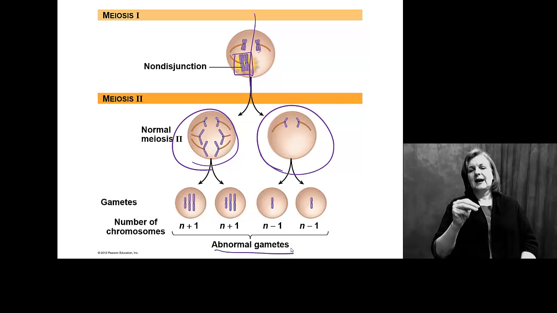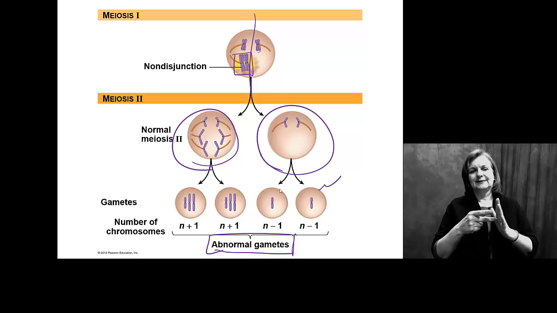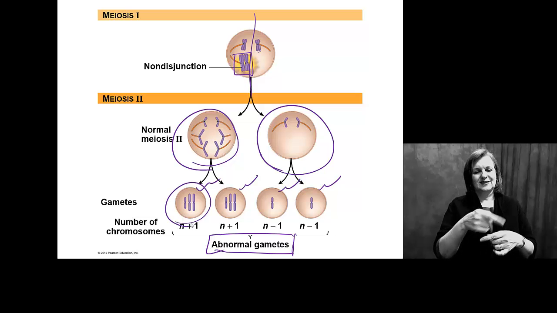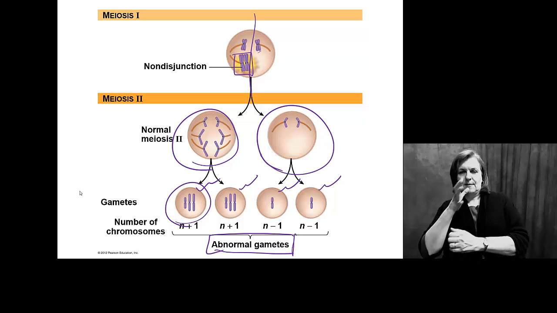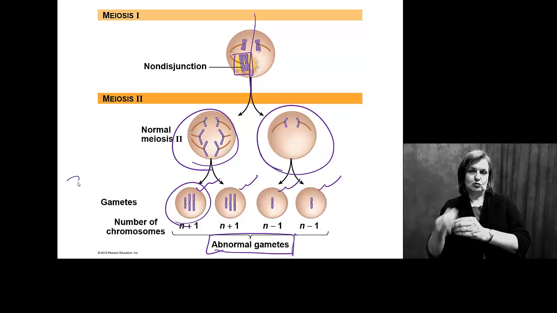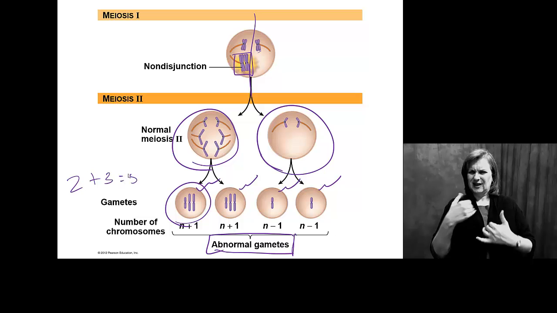So this would result in abnormal gametes, and so that would mean abnormal sperm or eggs, depending on if you're male or female. And then when we would take one of these sperm, so say you take this sperm with 3 chromosomes in this case, and you're going to put it together with mom's, who in this case only would have 2 chromosomes, so 2 plus 3 gives you 5.